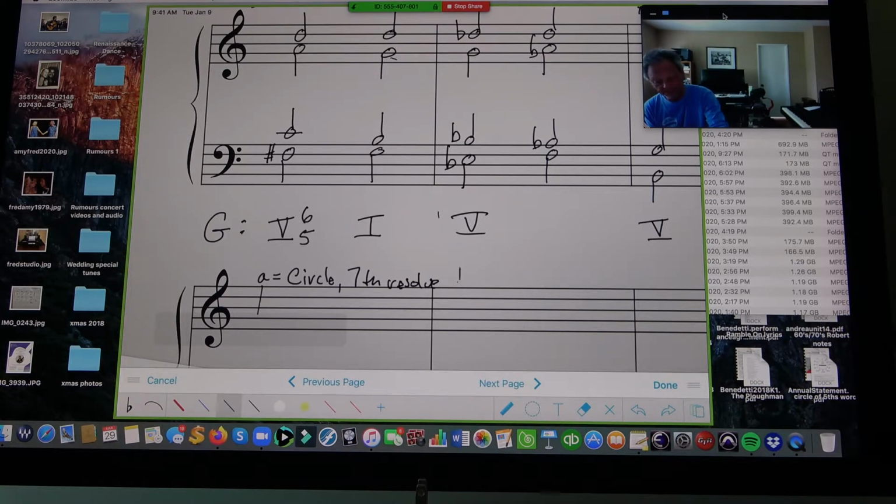Then there was B, non-circle, the 7th resolves down. I'm just going to put 7th resolves. Then we had category C, that's non-circle, 7th doesn't resolve.